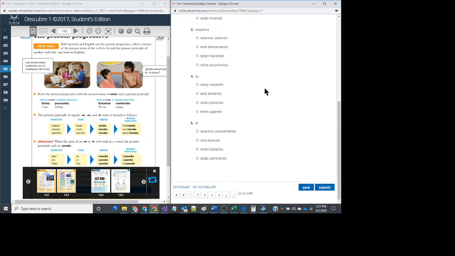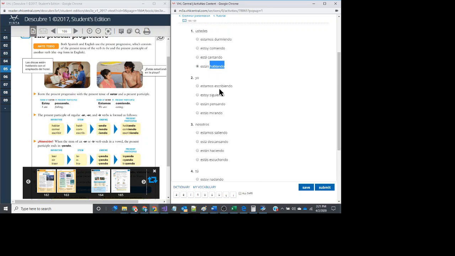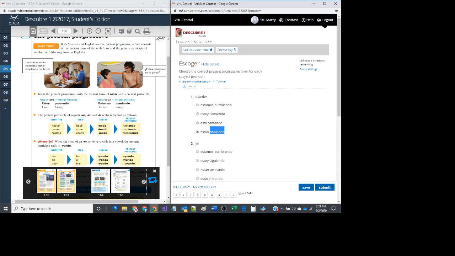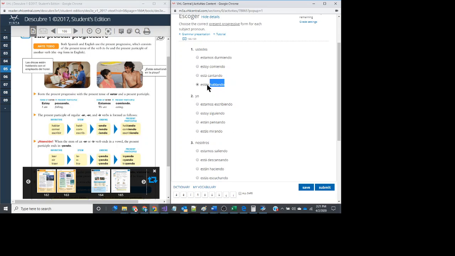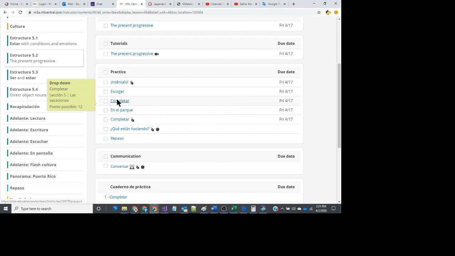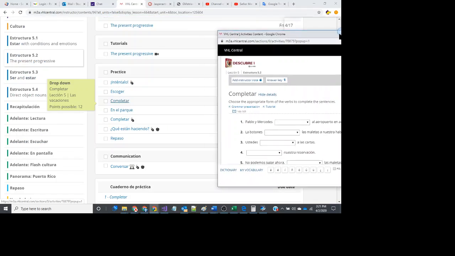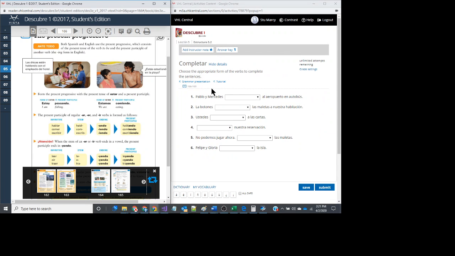All right? Too easy, because this one is just a matter of conjugating estar, and you've got it down. Don't forget how to conjugate estar. It's got accent marks, and yo, it becomes estoy. All right, the next one is the completar. And all we got to do is drop down this list and pick one.